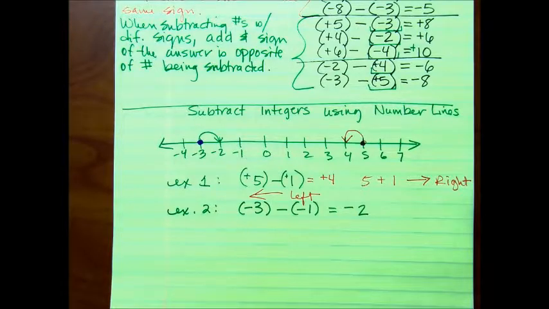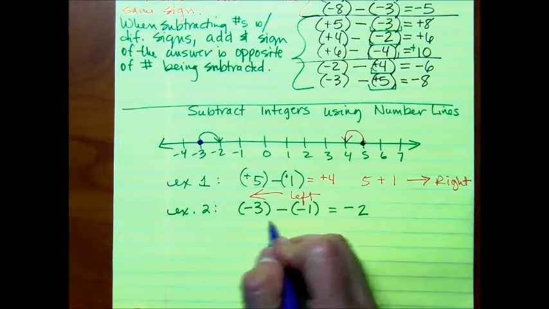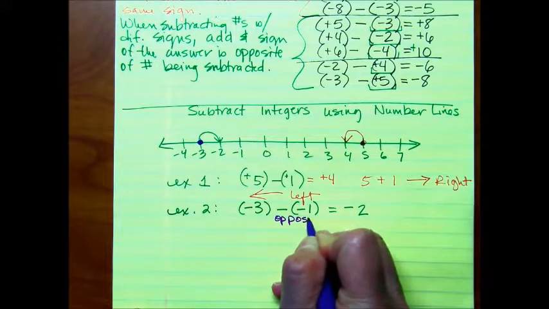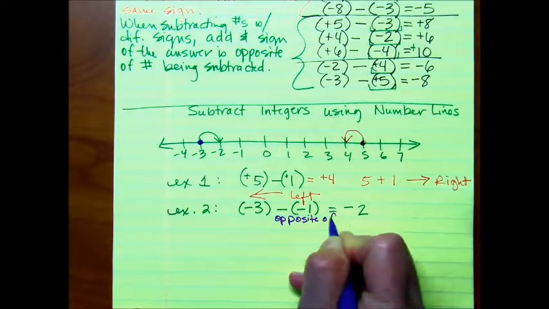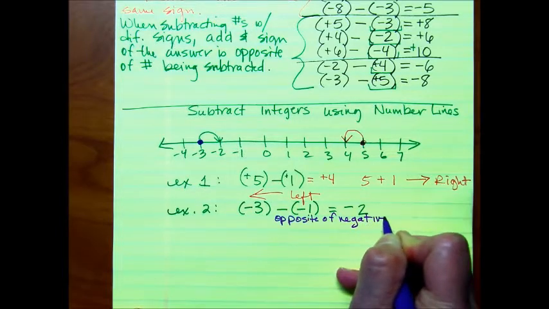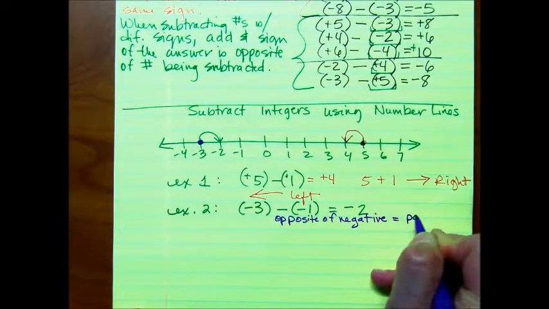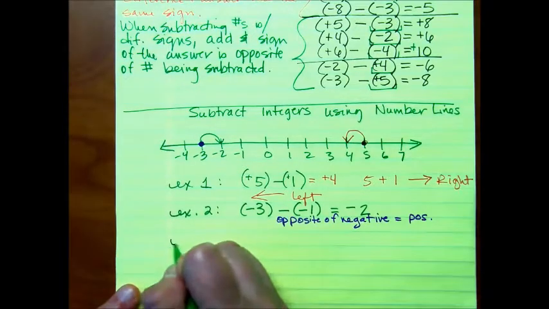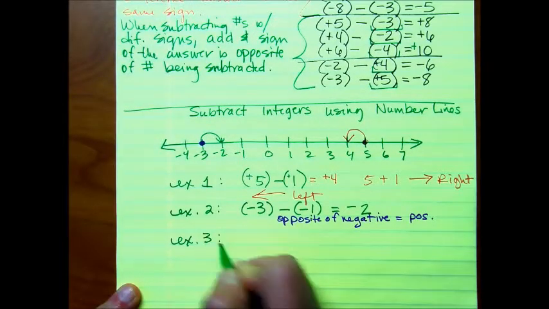But another way, if you're just using the number line, you can say that this can be read as opposite of negative, which is going to equal a positive. Okay, the opposite of a negative is a positive. All right, let's try another example that you might see.